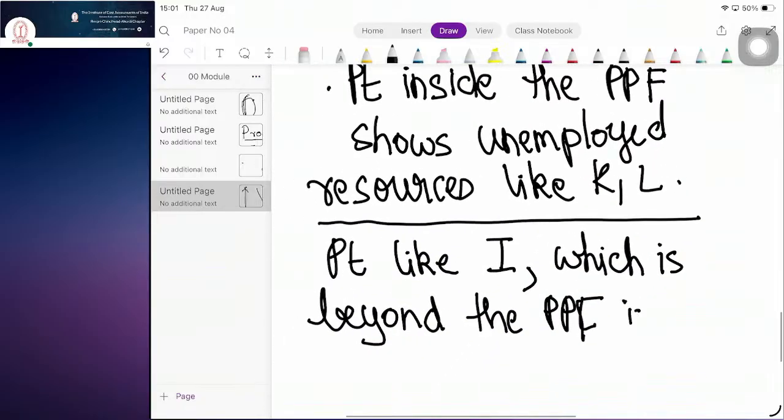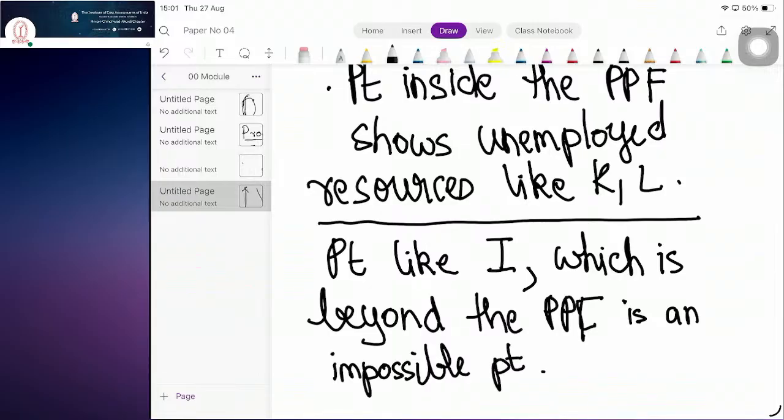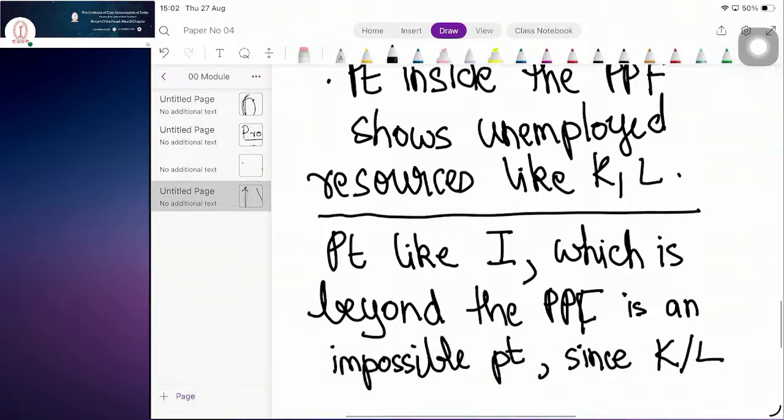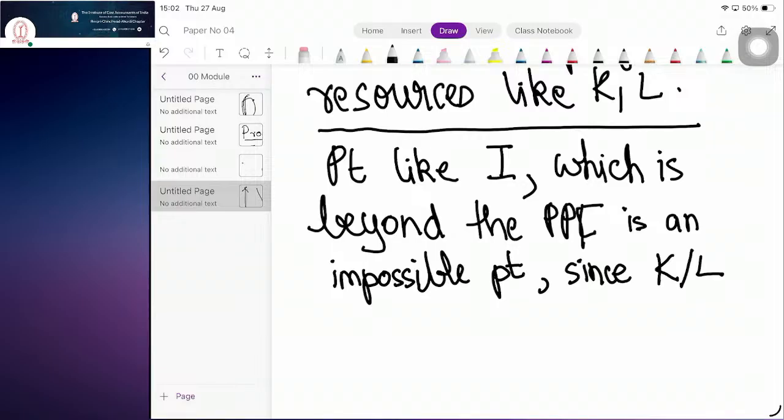It is an impossible point, since capital or labor is in short supply.